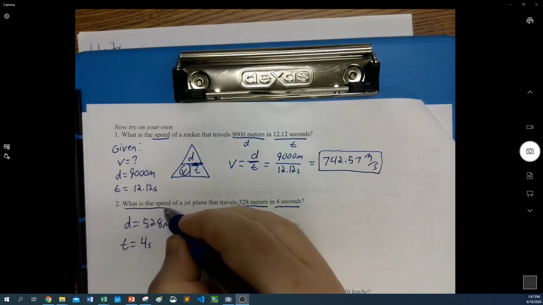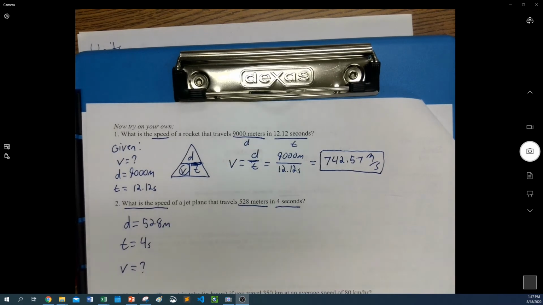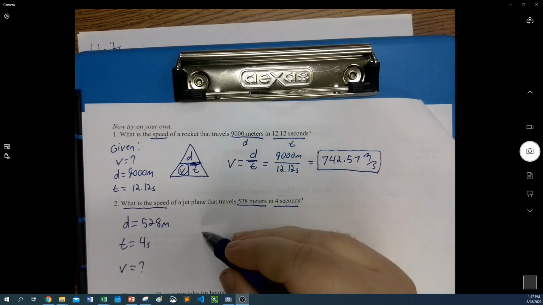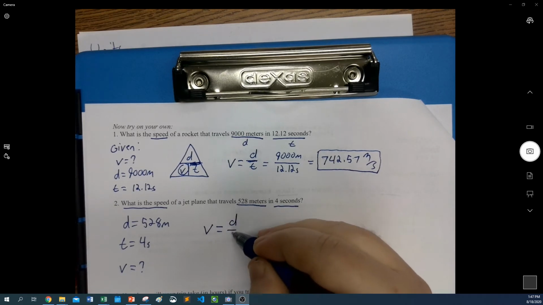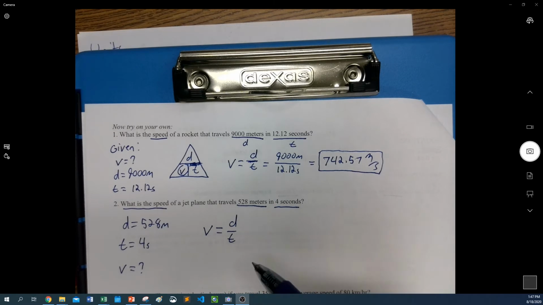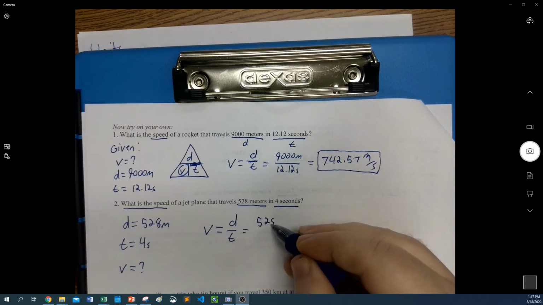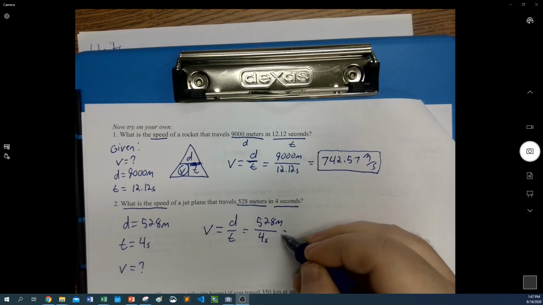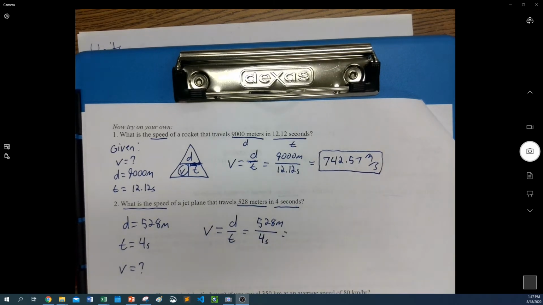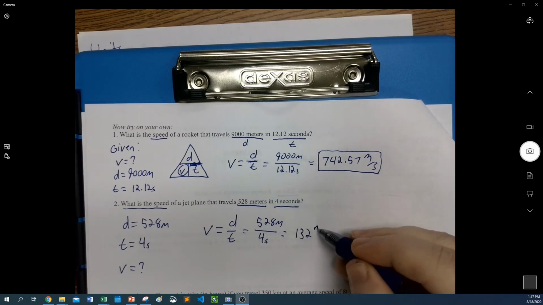And it's asked, what is the speed? So, we know the equation for speed is equal to distance over time. Plug the numbers in exactly. D is replaced with 528 meters. T is replaced with 4 seconds. Plugging that into the calculator, you'll get 132 meters per second.